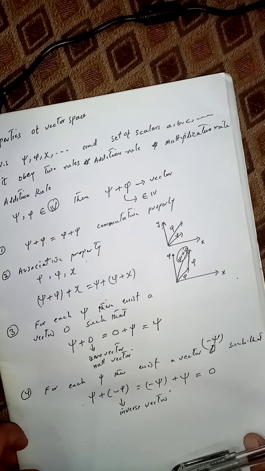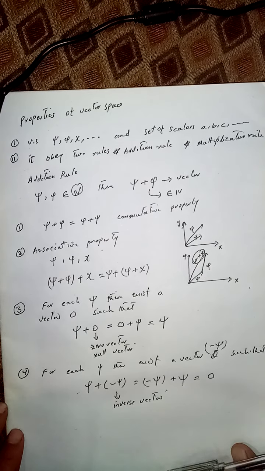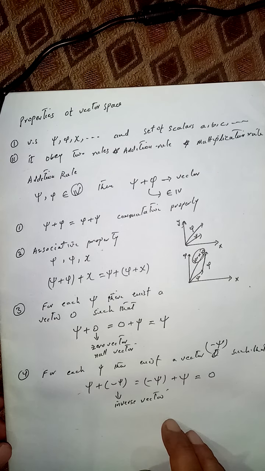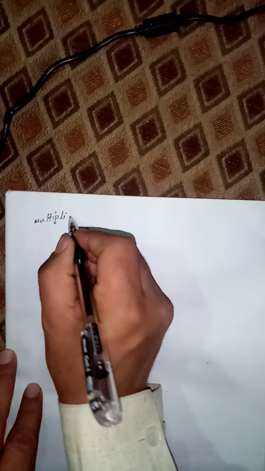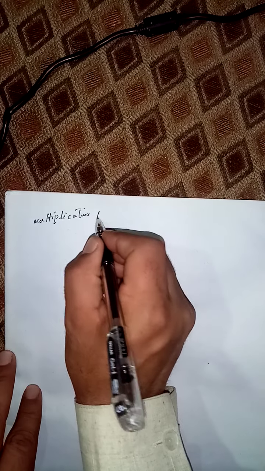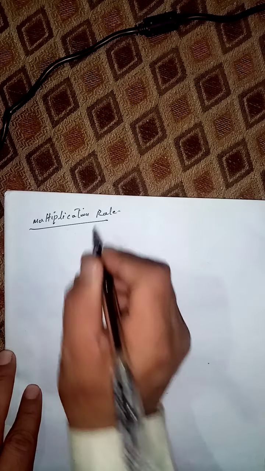Now we will come to the multiplication rule. For that I will change my paper. The multiplication rule. Now, the product of a scalar with a vector.